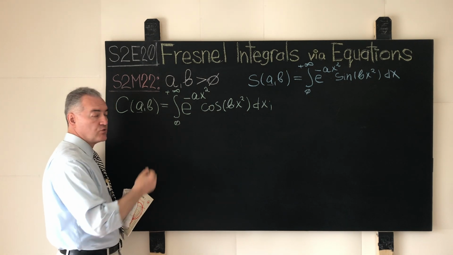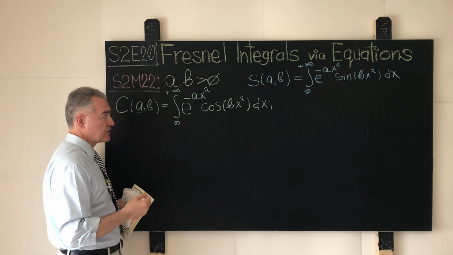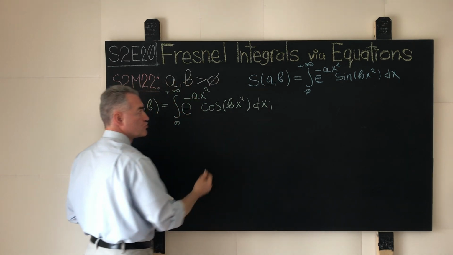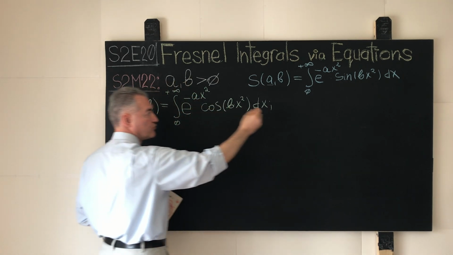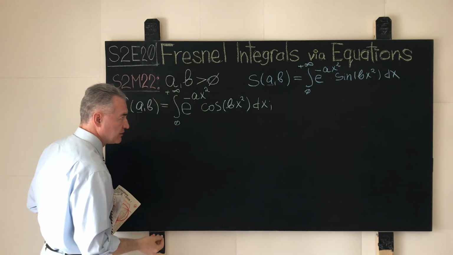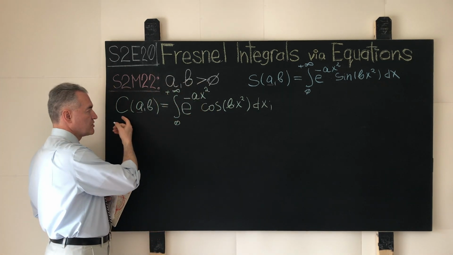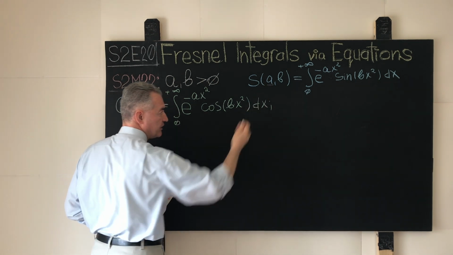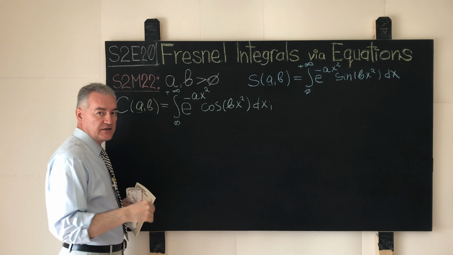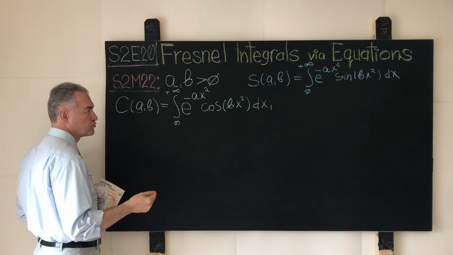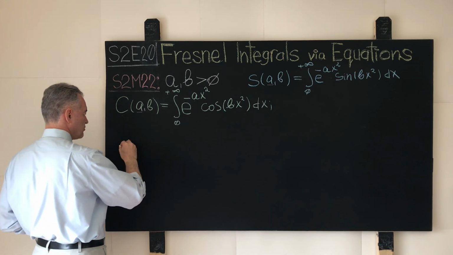I'll just say that according to the real analysis theorem, if we can show that these integrals converge with respect to the parameter a uniformly, and it can be shown that they do, then the corresponding functions of the parameter a will be exactly that, continuous on the appropriate domain.